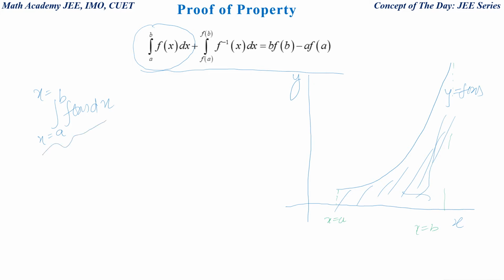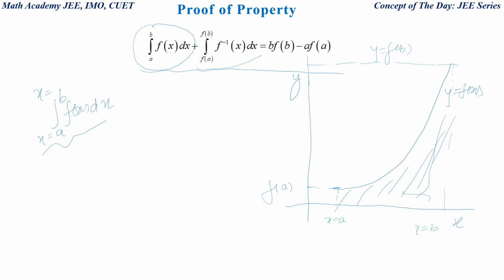Okay, let's focus on the second part. If you are going to find the area of this function with respect to the y-axis, then what will be the coordinate on the y-axis? That will be f(a), and the coordinate on the y-axis at x is equal to b will be f(b).